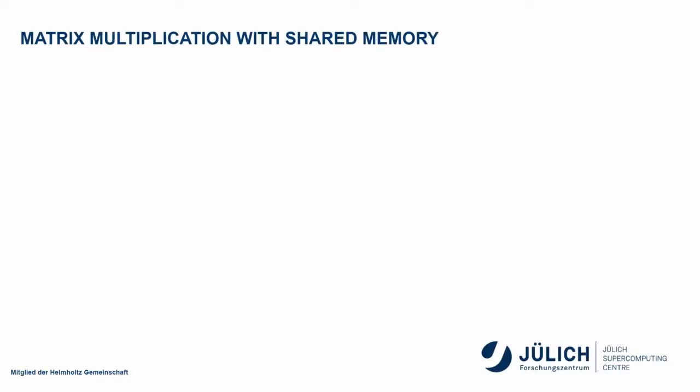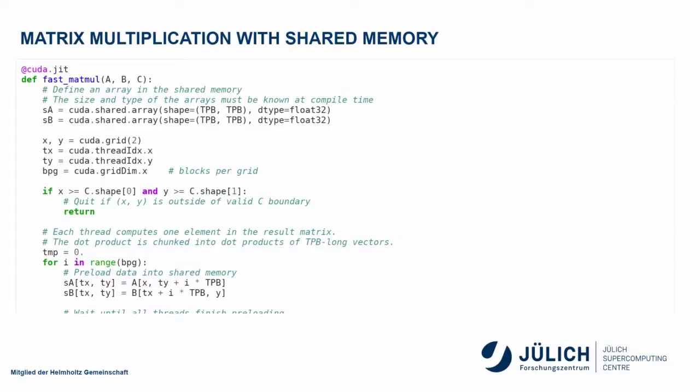So the shared cache is also available from within CUDA for Python through CUDA shared array. Here we allocate two shared arrays. We give the shape and the type to be used in a matrix multiplication.